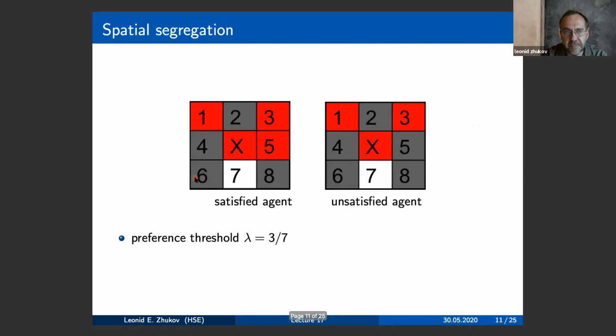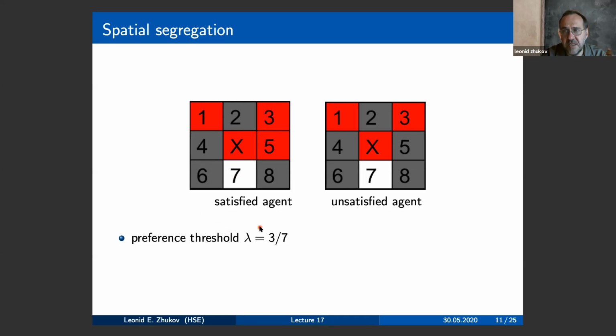Okay, so this is an example. We have this sort of grid structure. Our agent is X. In the center, the empty white box is an empty spot where an agent can move. And these are two different types of agents, red and black. Let's say the agent X has a preference threshold of 3/7.